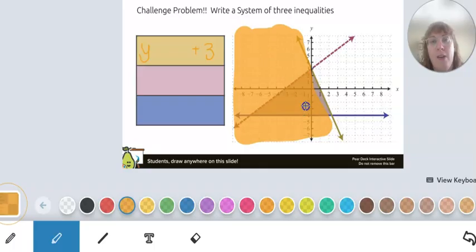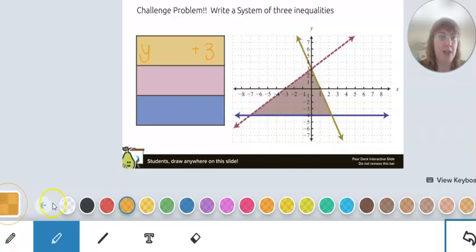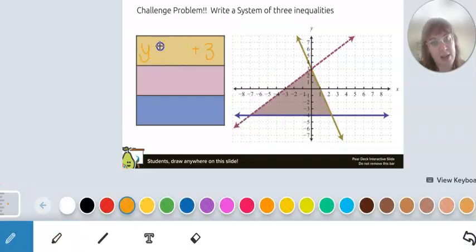But we're only focusing on the part where it intersects with the other shadings. That's why it's not all shaded. But it's below the line there, so it's less than or equal to, since it's solid. Our slope is down 3 over 1. We went down 3 and over 1. So that's a -3x. Beautiful.